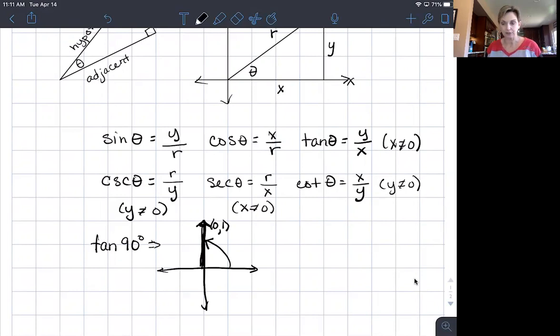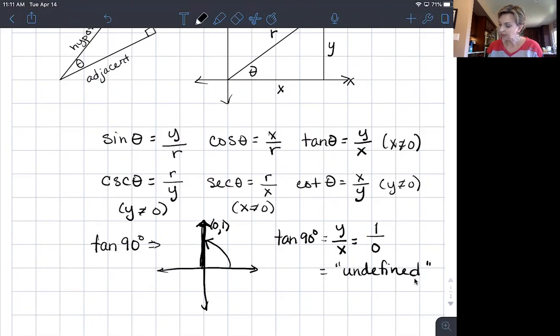Our X is 0 and our Y is 1. So tangent of 90 degrees, tangent, we have it right up above there, is Y over X. So our Y is 1, our X is 0, and you can see we have a problem there, right? Because we can't have a 0 in the denominator. So that means the tangent of 90 degrees is undefined.